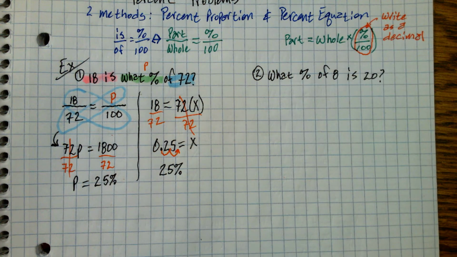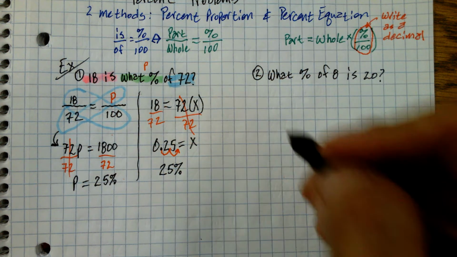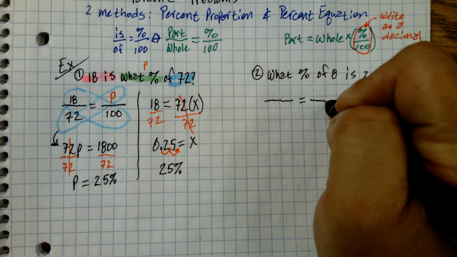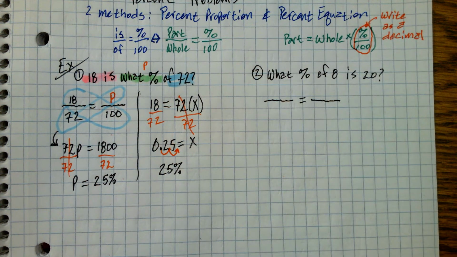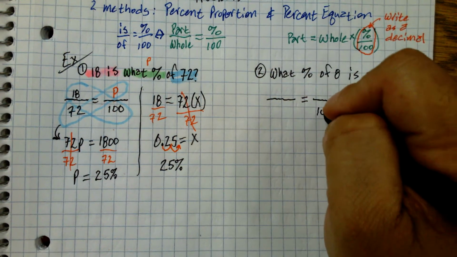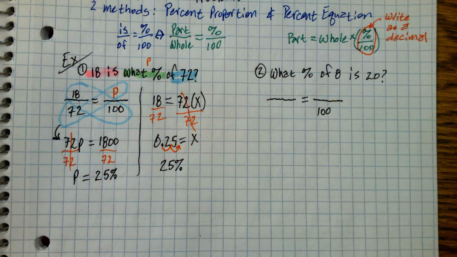Okay, well, let's set it up again as a percent proportion. This time, I want you to pick it out. Set up your percent proportion, check with your partner, make sure you agree. So I'll spot you this much and set up the rest.